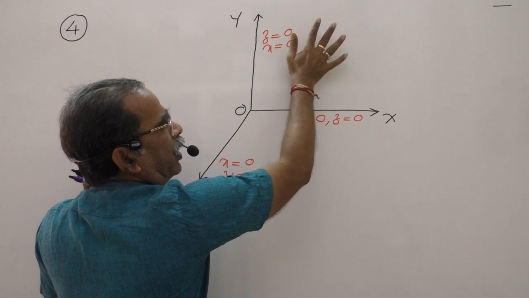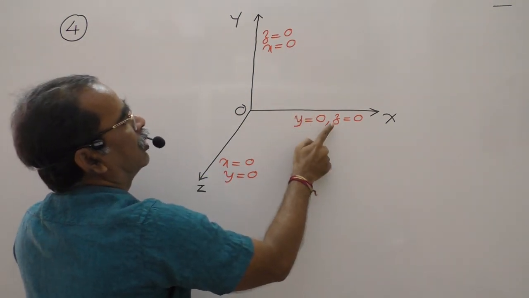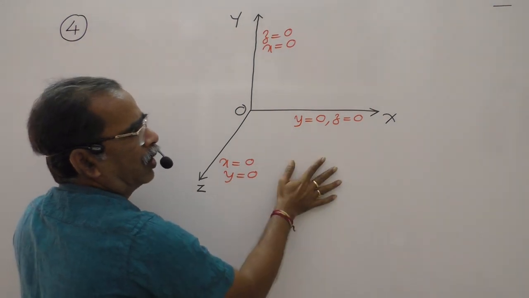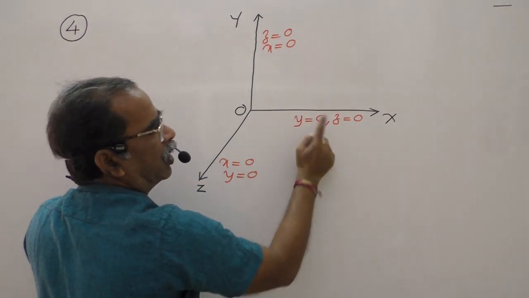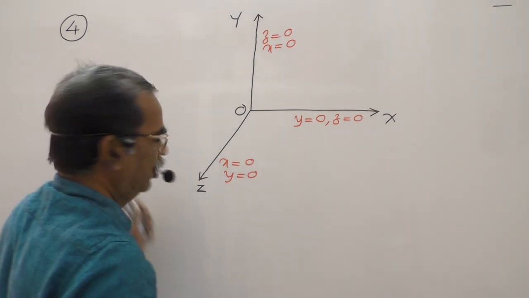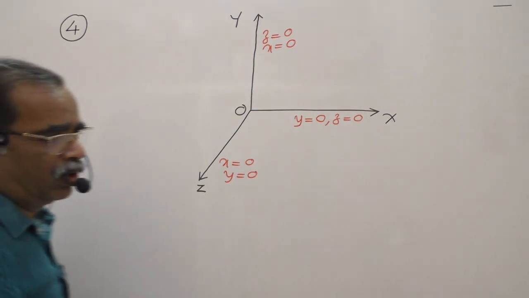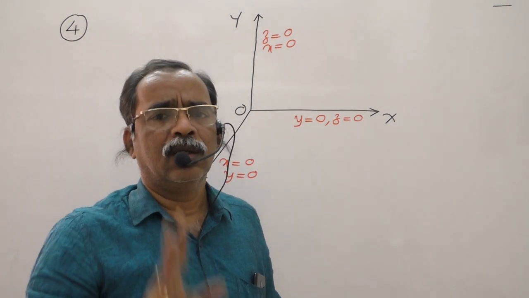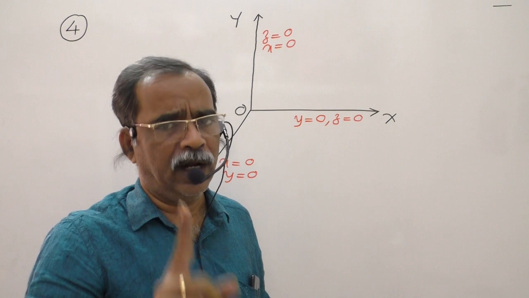Therefore the entire plane's equation is z equal to 0. This is the zx plane, y equal to 0. This and this are deciding this line. That's why 2 equations, so no confusion. For a line I wrote 2 equations because 2 planes will decide a line.